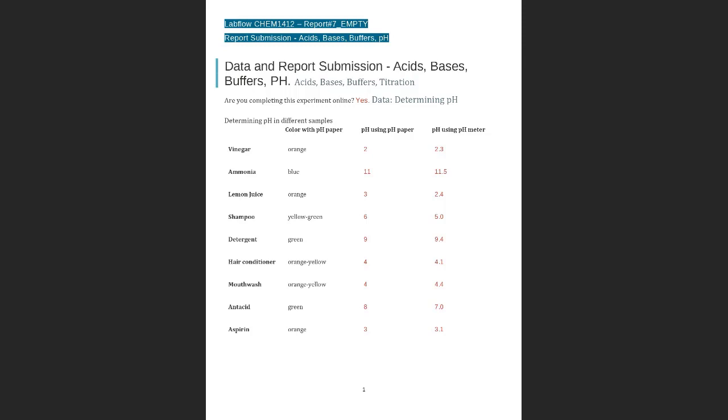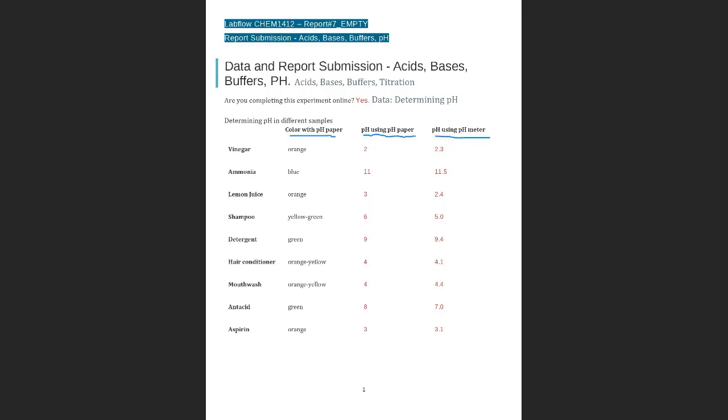For example, vinegar. You will test the pH. You can use pH paper, which will give you the color and then the estimated pH, and then using your pH meter, which is obviously more exact.